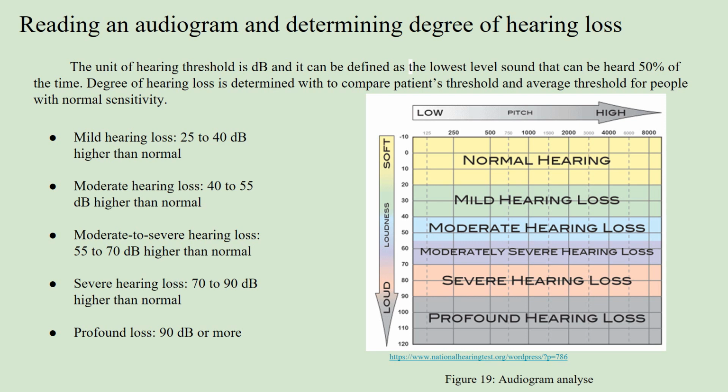If the threshold of the patient is 40 to 55 decibels higher than normal, he or she has hearing loss at moderate level. Threshold and normal values are compared like that, and the degree of hearing loss increases with the difference between results and normal values. Names and borders of hearing loss can be seen in figure 19.